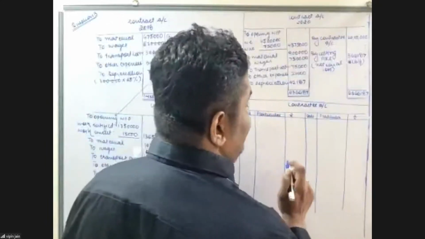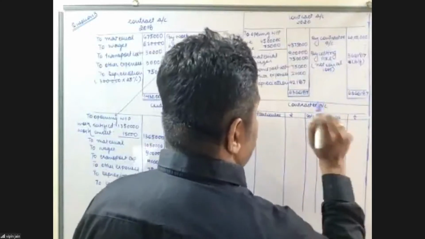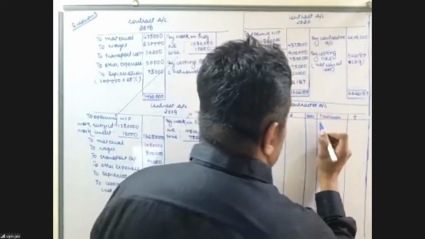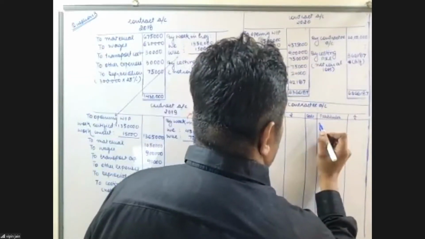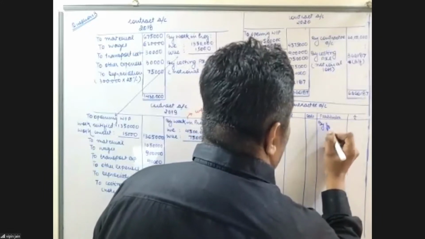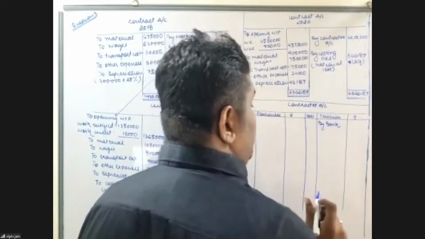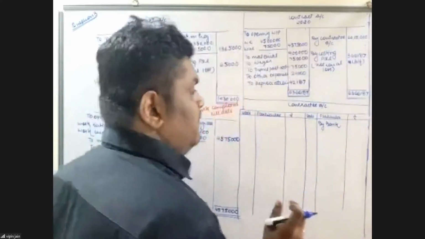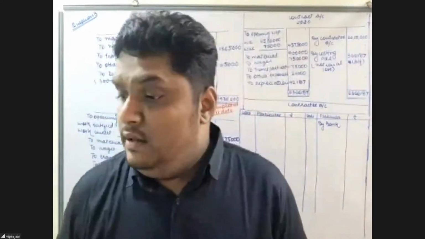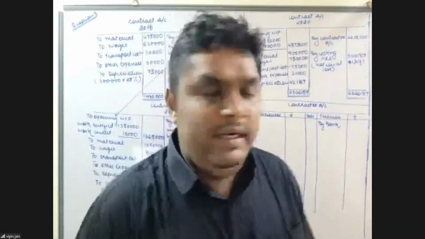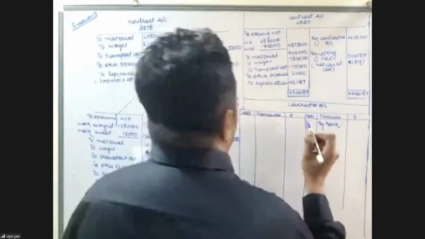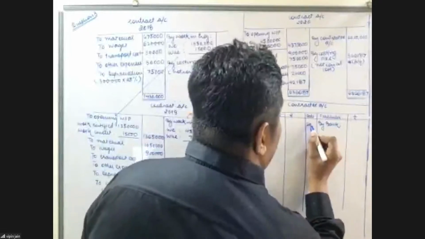So in contractee account, this will be by bank, that is 13,50,000 into 75% in the year 2018.